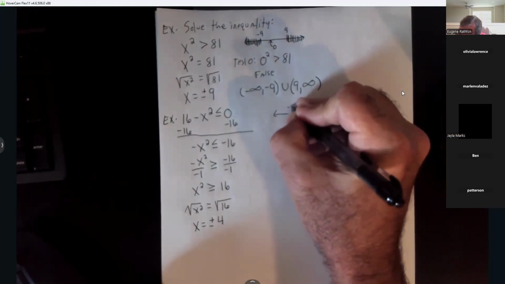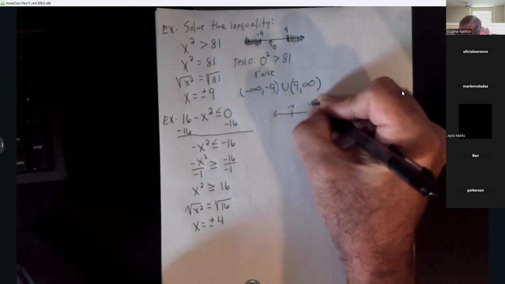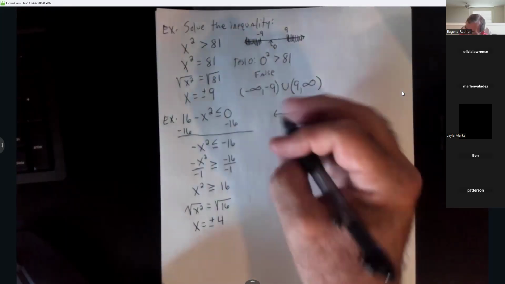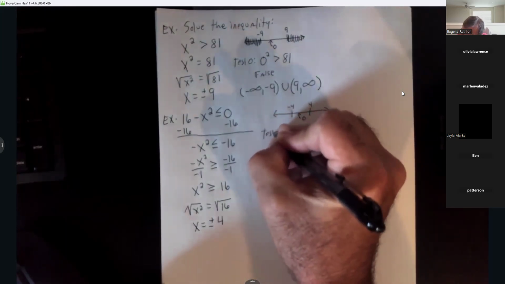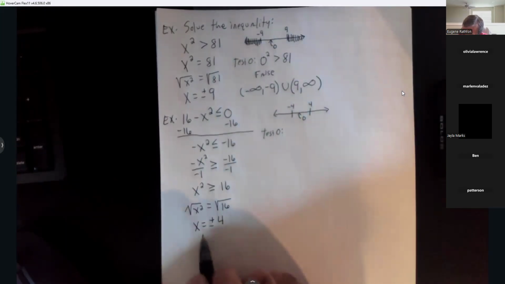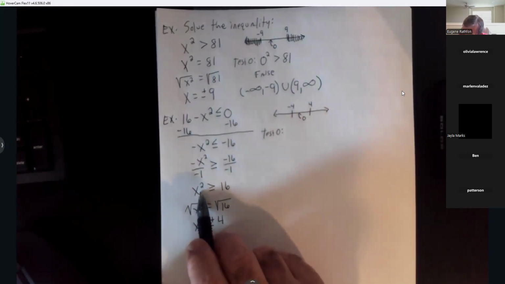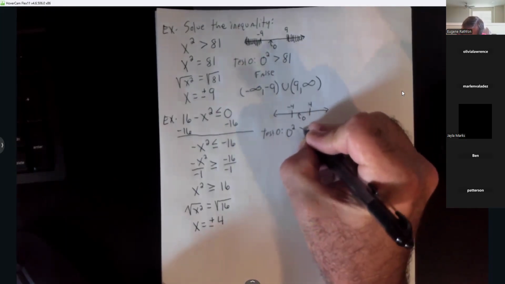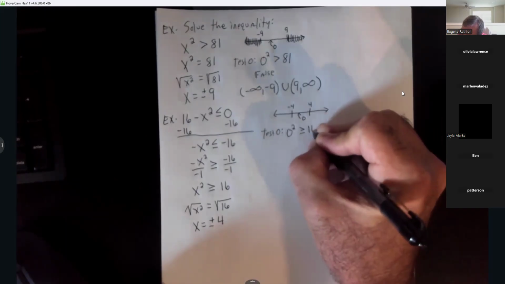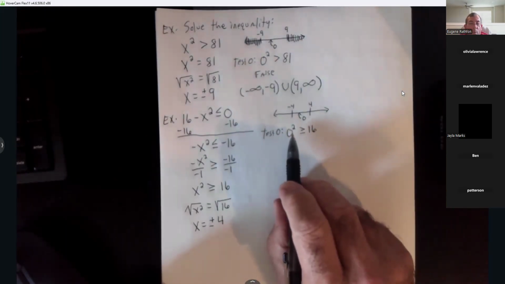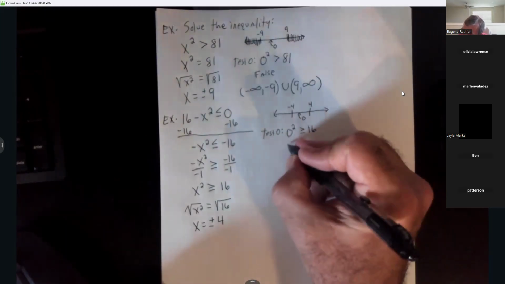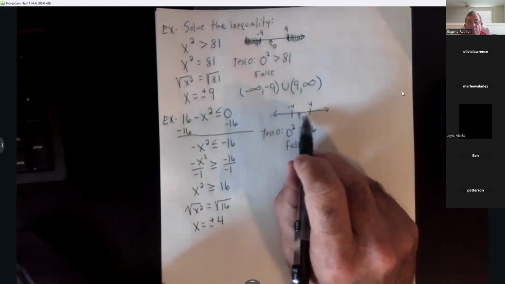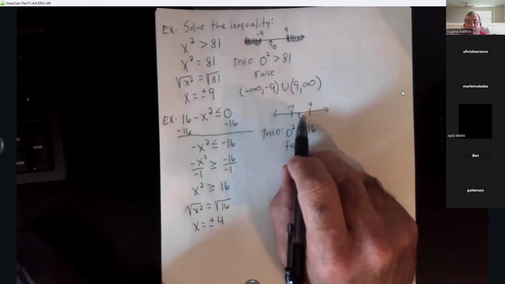Now, y'all, here's -4, here's +4. 0, once again, is right in between. So I'm going to test 0. I got 0 squared has to be greater than or equal to 16. Well, 0 greater than 16, that is false. So I'm not going to shade where the 0 was located.